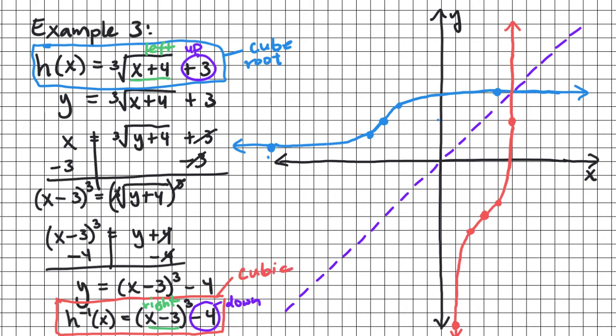The cube root moved to the left 4 and up 3, and so that was kind of like my central point. And so I created the general image of the cube root from what we remember from transformations, right? And then the cubic went to the right 3 and down 4, so I went to the right 3 and down 4, so that was kind of my central point.